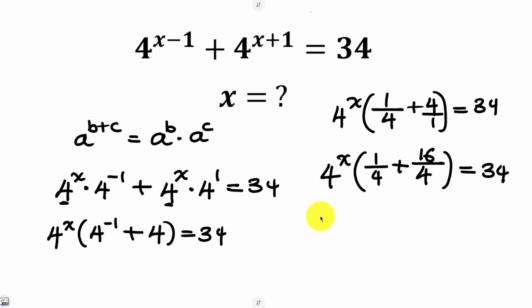Now this simplifies into 4 to the power of x. Now open bracket. Now they have the same denominators, so I'm going to be writing the common denominator, which is 4. Now 1 plus 16 is 17. Good. And this is equal to 34.